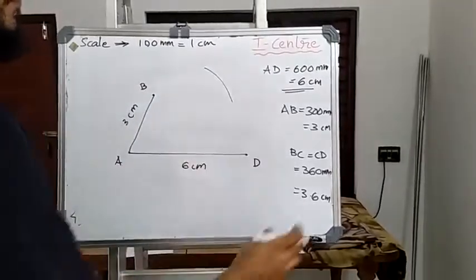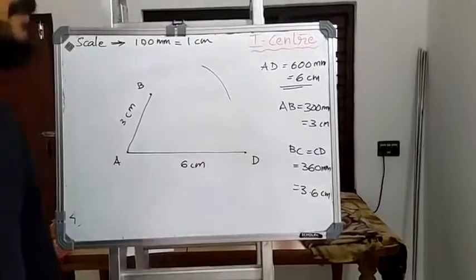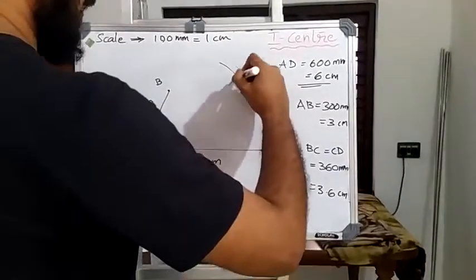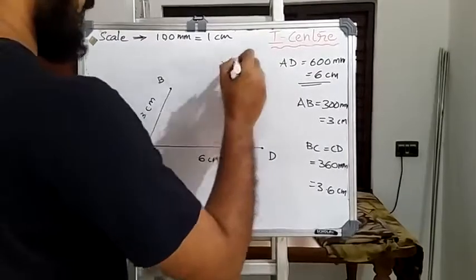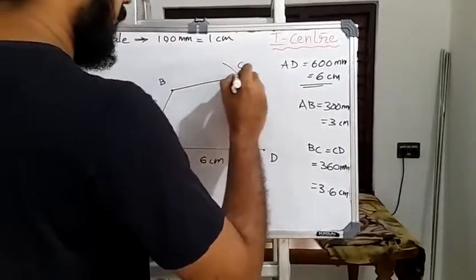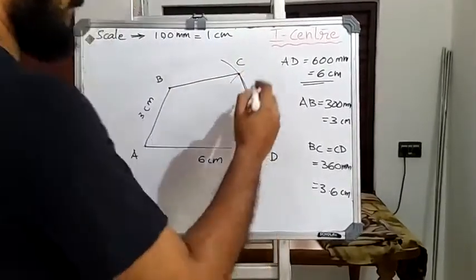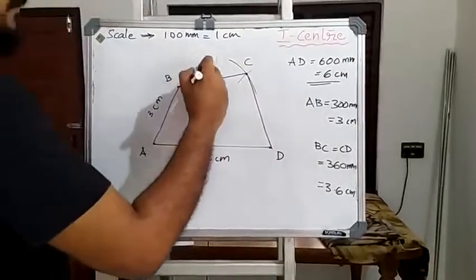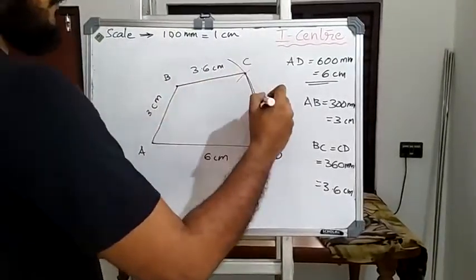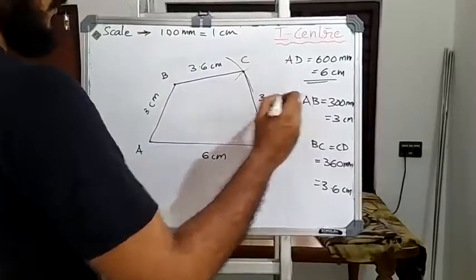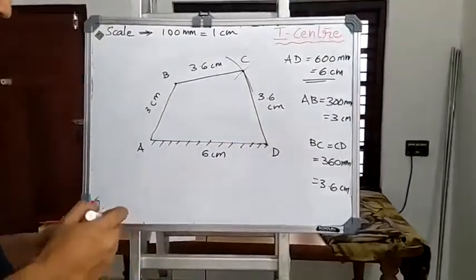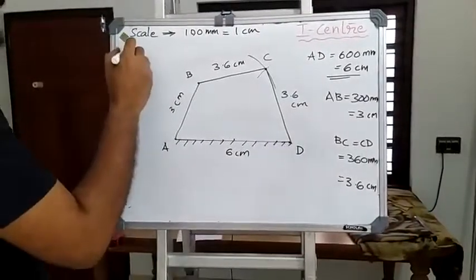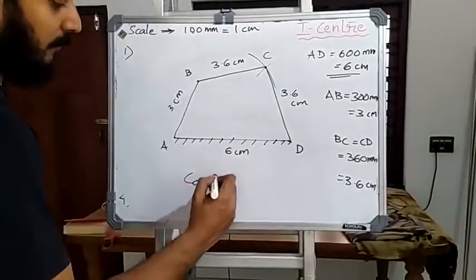Similarly, keeping D as center with radius 3.6 centimeter, cut another arc. The intersection between these arcs will give you the point C. Now, joining these points will complete the links. BC is 3.6 centimeter and CD is also 3.6 centimeter. This is your given configuration diagram. So, first step, configuration diagram.